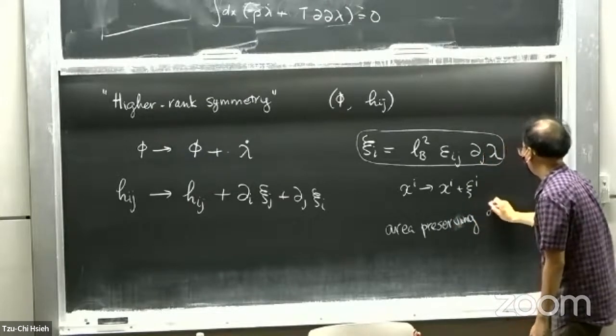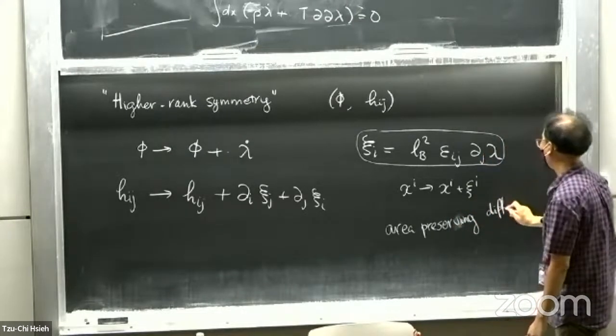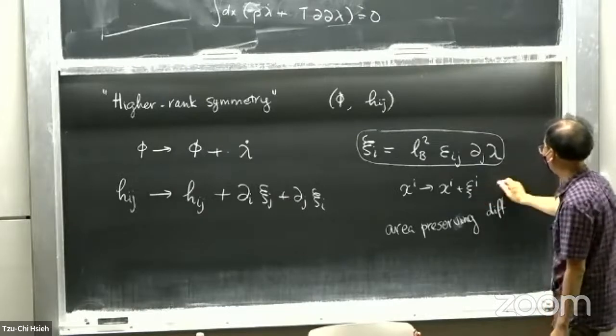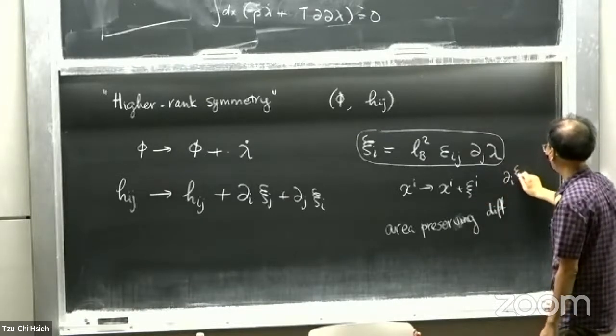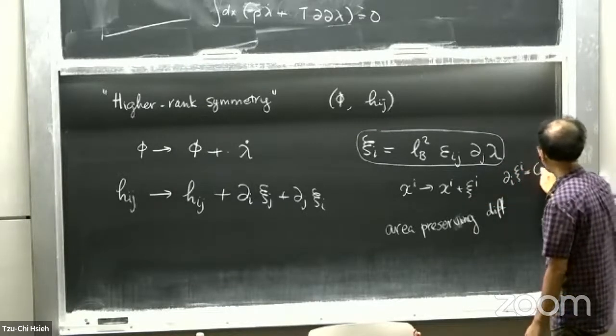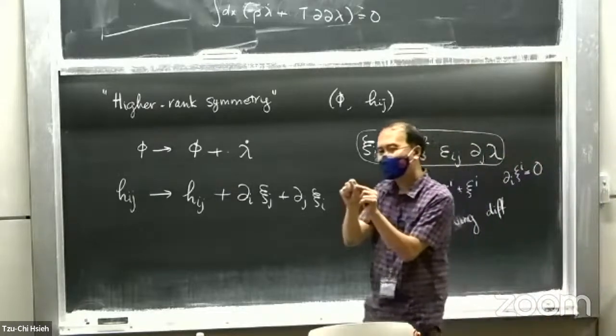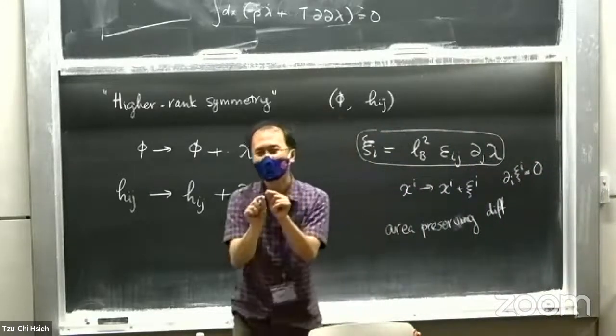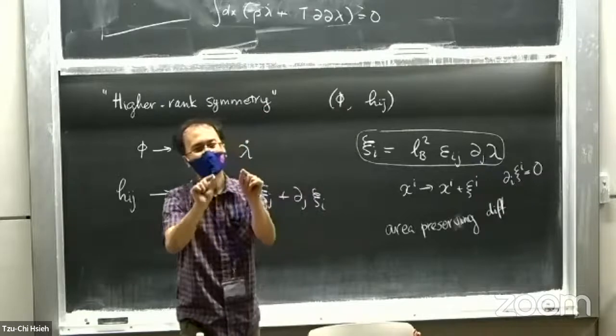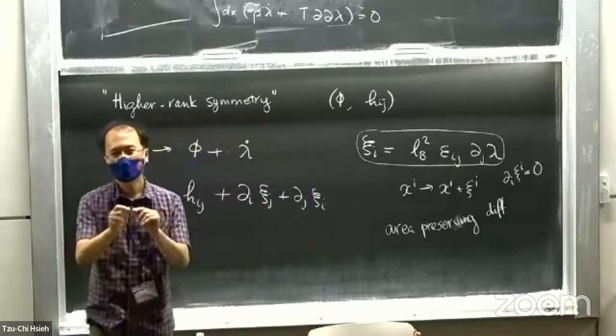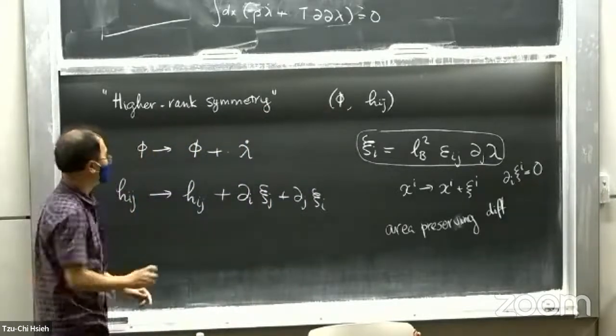Area preserving diffeomorphism. In terms of psi, this means partial_i psi_i equals 0. So we take a coordinate and move it around, but the divergence of that displacement is 0, so all the volume is preserved.